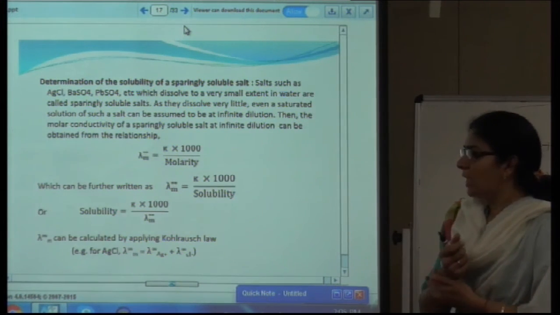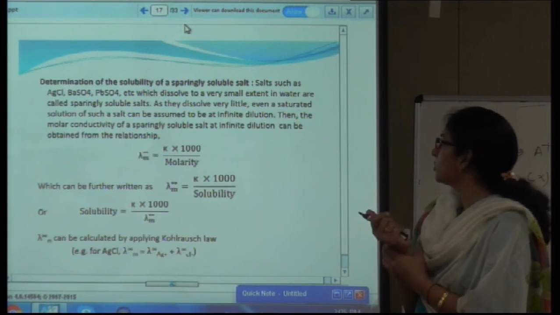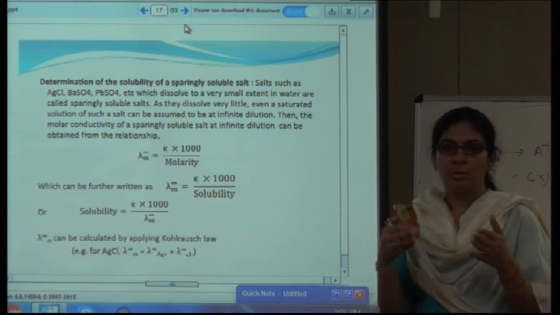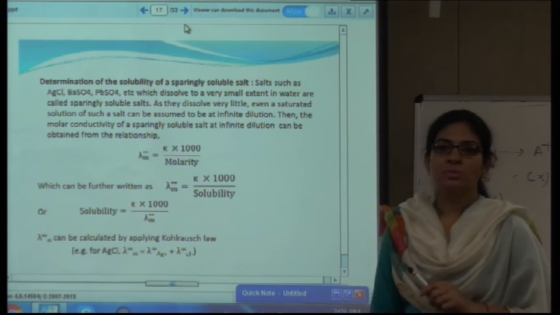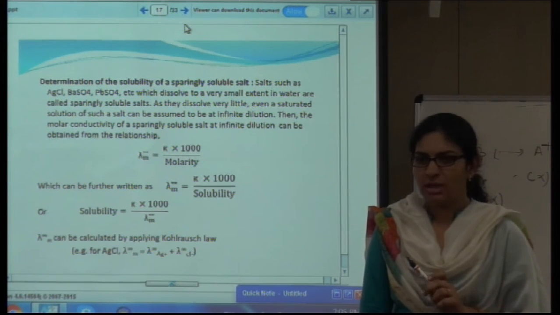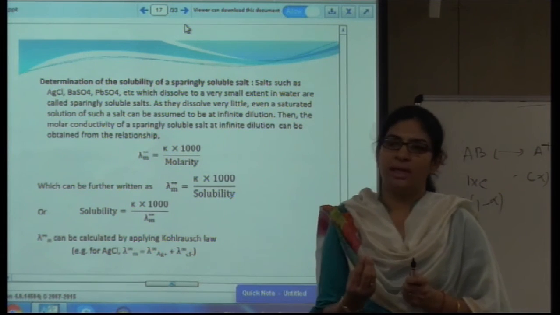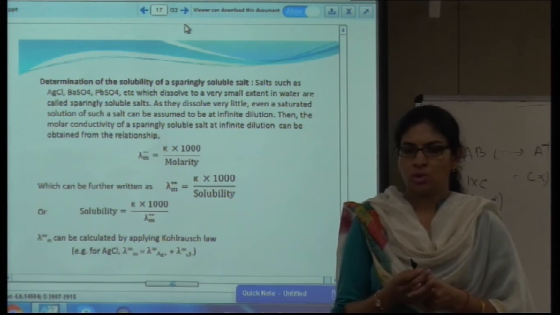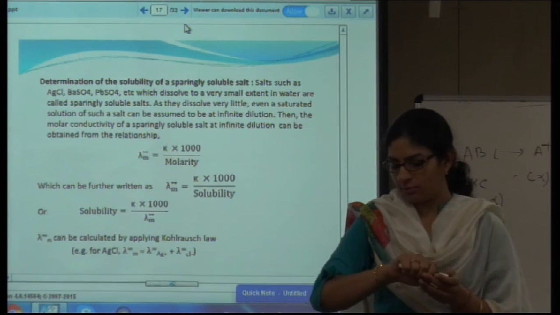And one more application is the determination of solubility and solubility product of sparingly soluble salt. So there are some salts which are what? Sparingly soluble. Sparingly soluble means they are hardly soluble in the solvent. So how do you define the solubility first of all?